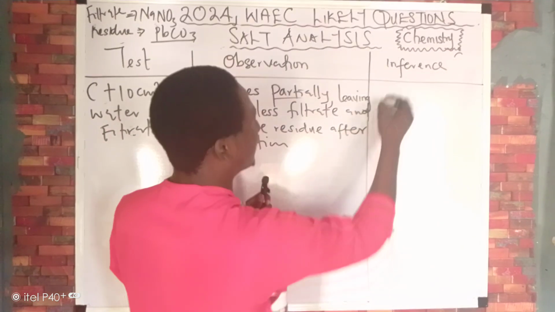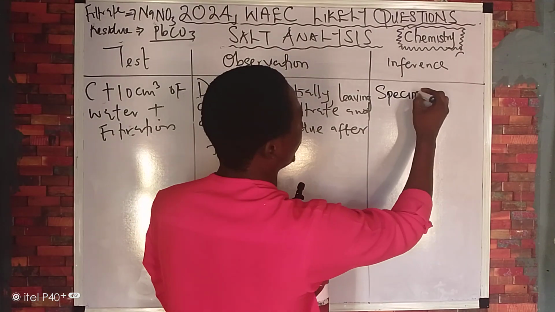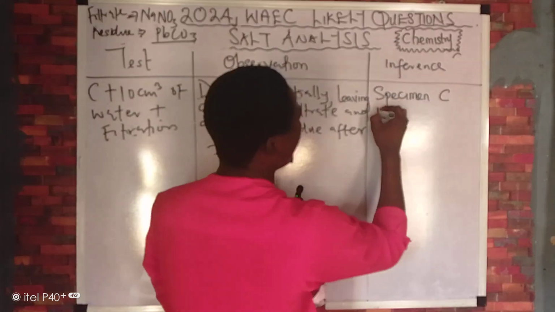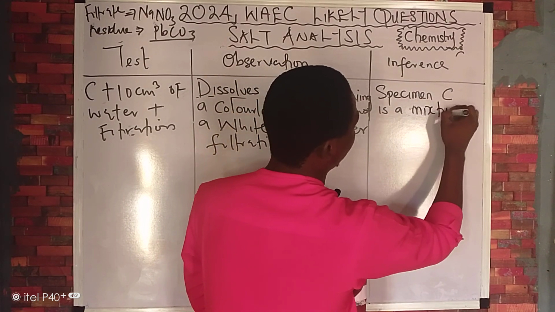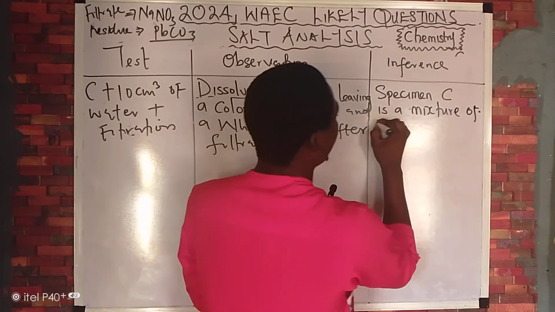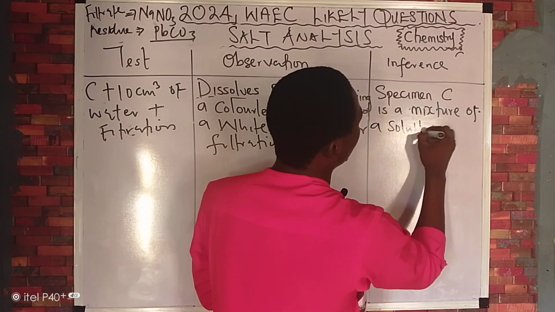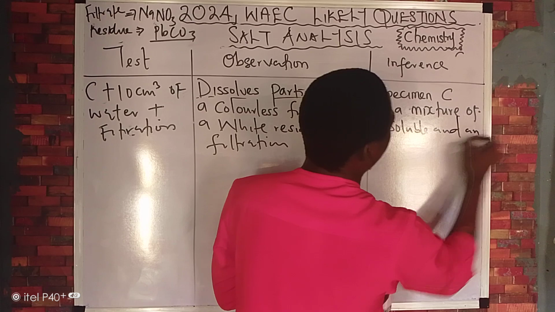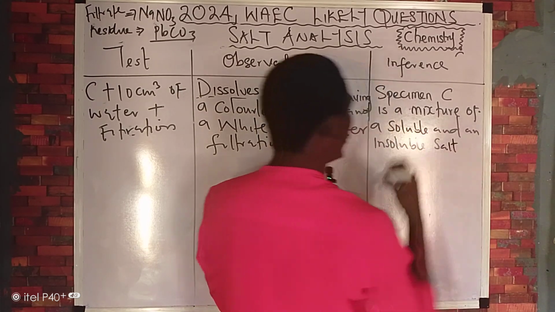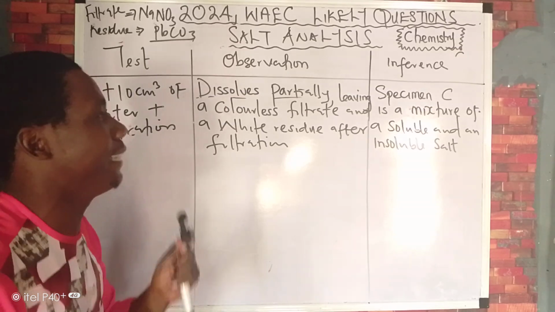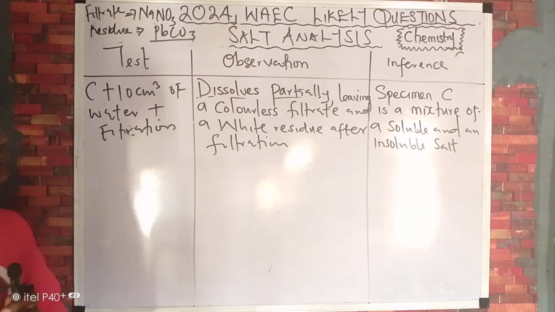You will simply say that specimen C is a mixture of a soluble and an insoluble salt. So you simply tell them that it's a mixture of a soluble and an insoluble salt.